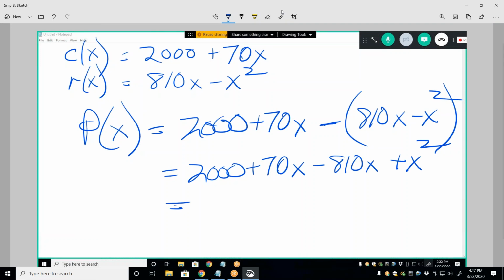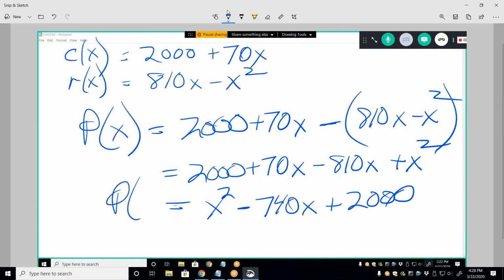Let's move the X squared to the front. 70X minus 810 is 740, oops, and it's a minus sign, plus 2000. So that is our profit function, which we want to maximize.